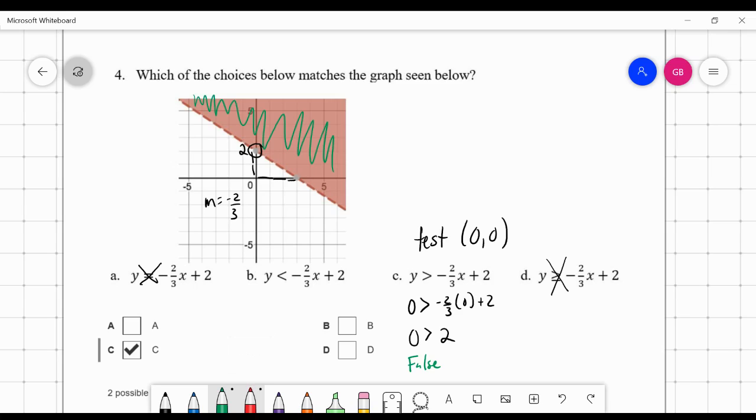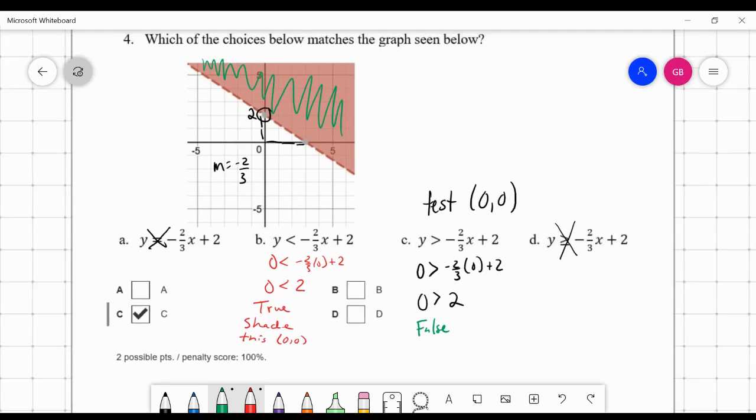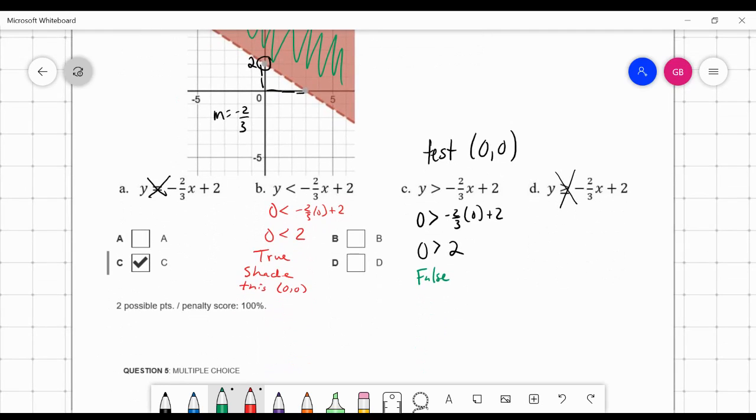Let me show you why B doesn't work. If I test 0, 0 for this one, then we have 0 is less than 2, which is true. So if you were to graph this inequality in part B, you would shade this side. You would shade the side that has 0, 0. Okay, so that's why the answer is C.